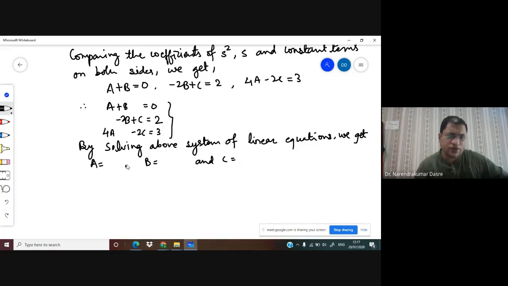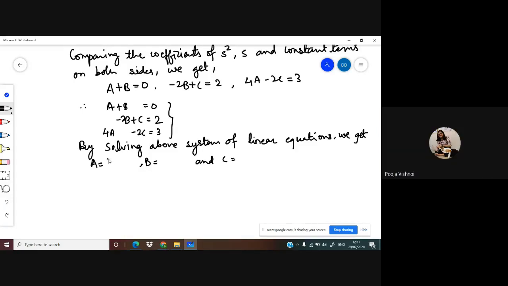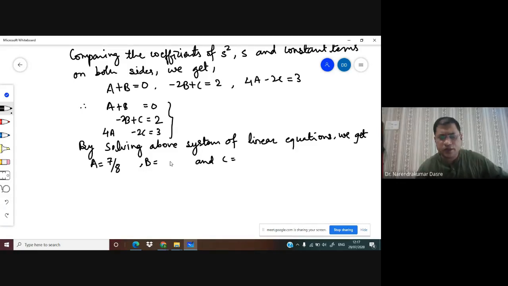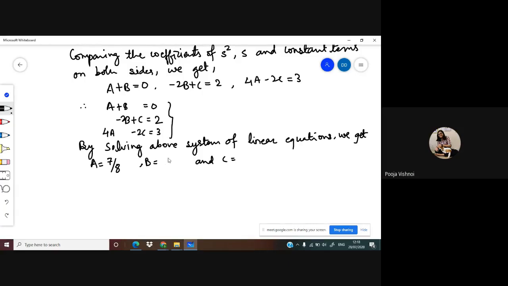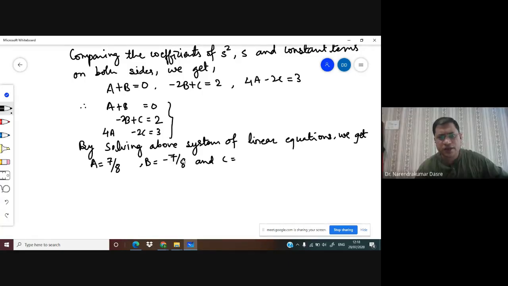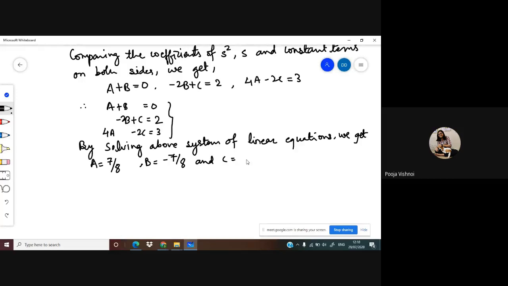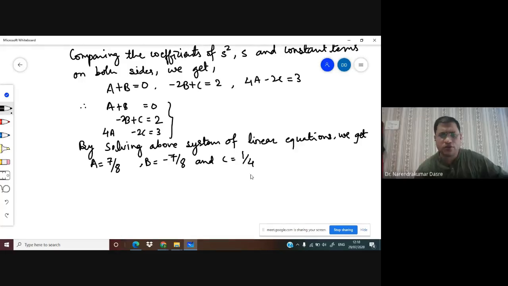So give me the values of a, b, and c. What is the value of a? 7 by 8. B? Minus 7 by 8. C? 1 by 4. So all of you are getting these same values?